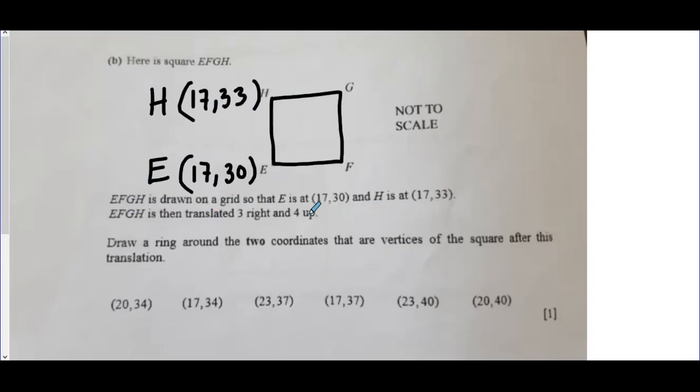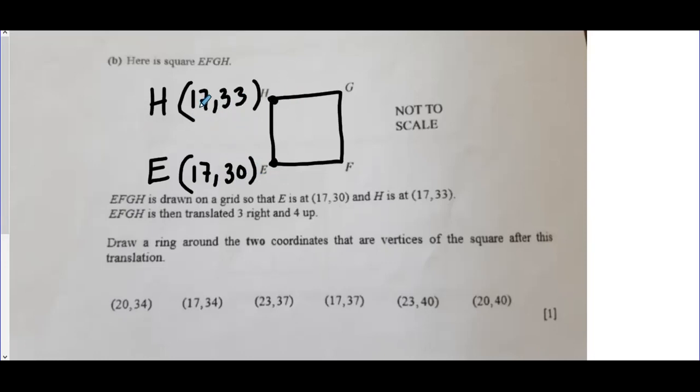Now, what does this mean? E is at the coordinates (1, 30) and H is at the coordinates (1, 33). That means the distance from E to H will be equal to 3 units.